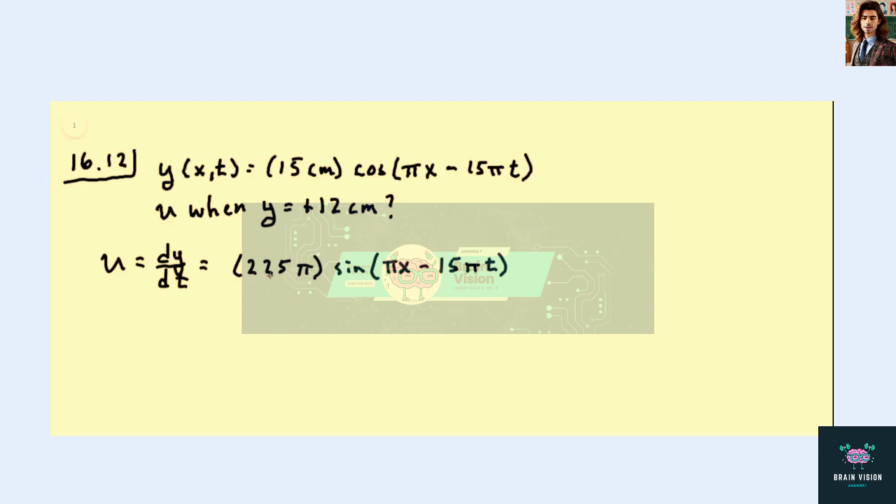Now, if we note that this is 15 times 15, then what we can do is we can square u and add it to the square of 15 pi times y.